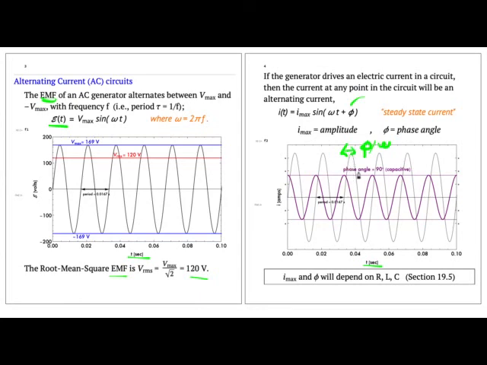That's the phase angle for a capacitive circuit. So a circuit in which capacitance is the most important will be 90 degrees, the current will be 90 degrees out of phase with the voltage. And the current leads the voltage. The maximum of the current occurs first, and then the maximum of the voltage occurs.